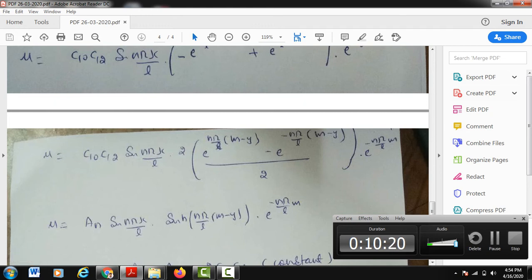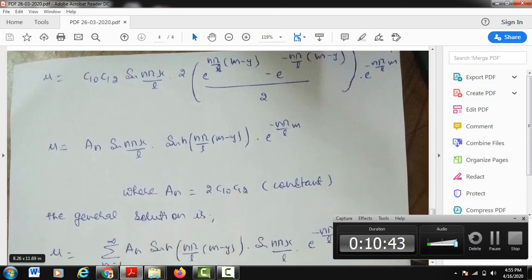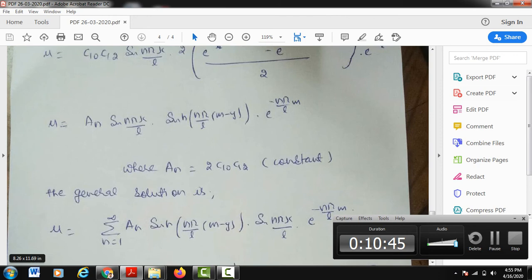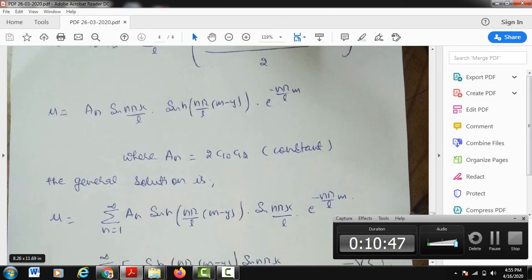This factor is being replaced with sine hyperbolic of n pi over L (m minus y). This 2 will be multiplied with C10 and C12, so this is 2 C10 C12, and it is being replaced with an, with e to the power minus n pi m over L. So an is 2 C10 C12.